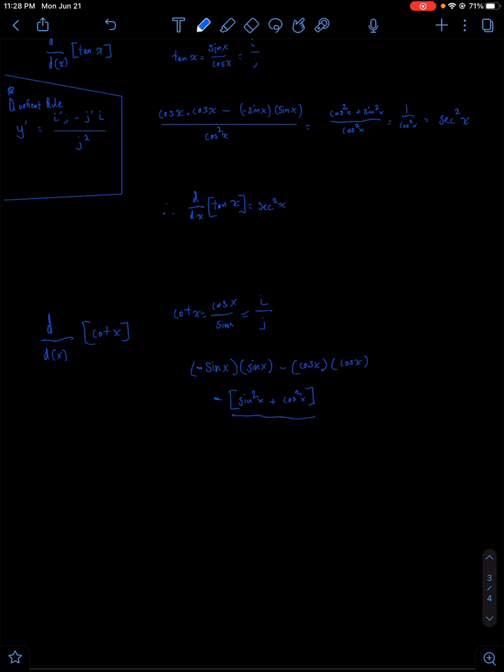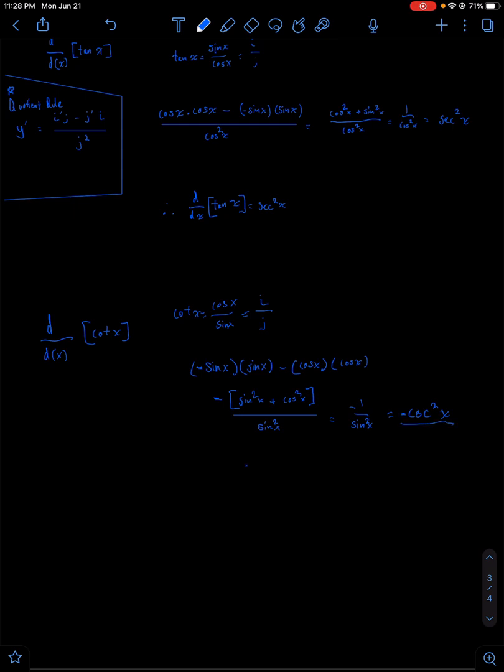all over j, which is sine of x. And that yields negative 1 over sine of x. Or, sorry, it should be sine squared of x, because the quotient rule states that it's j squared. And this yields negative cosecant squared of x.